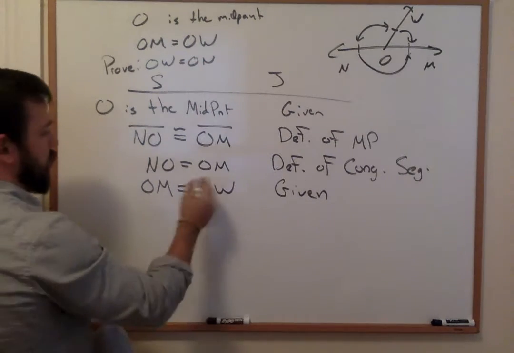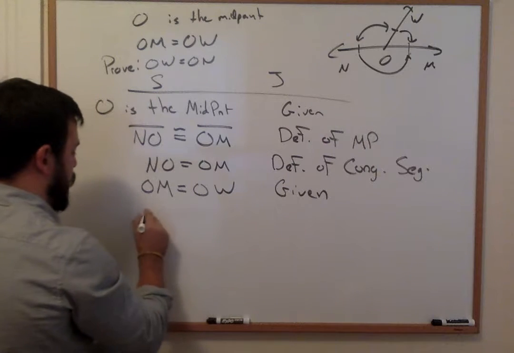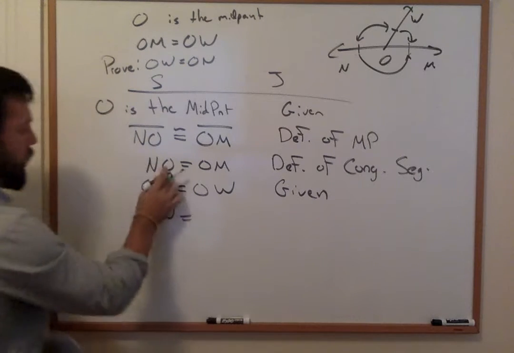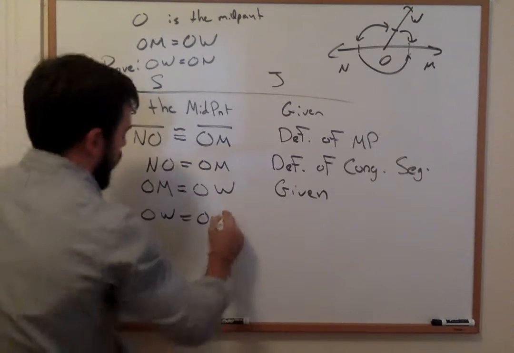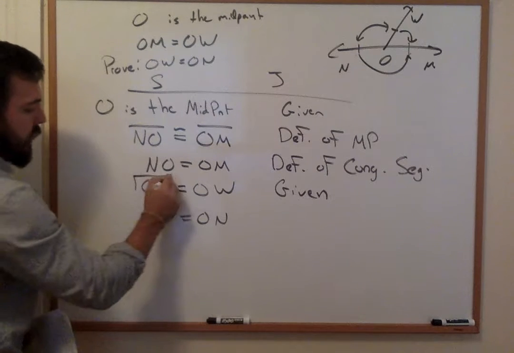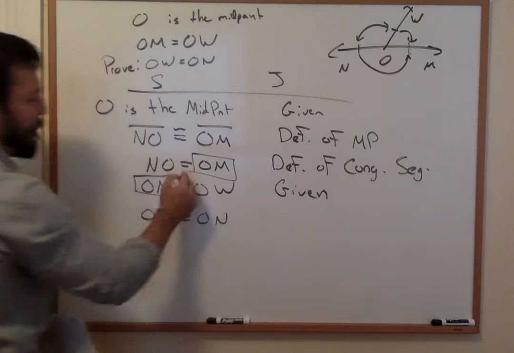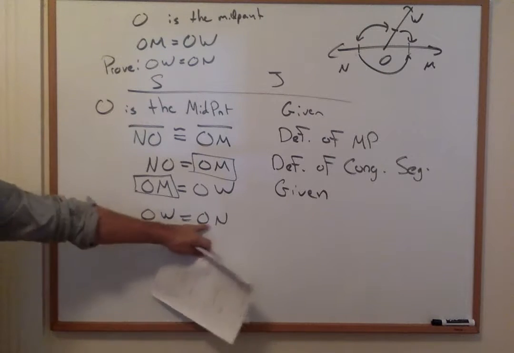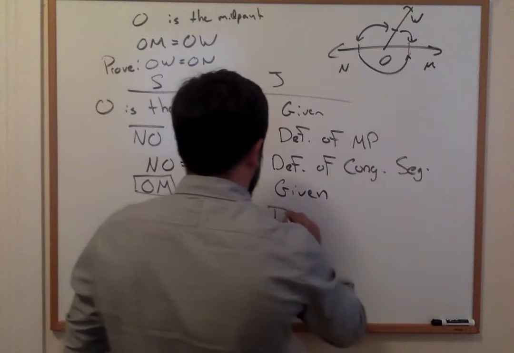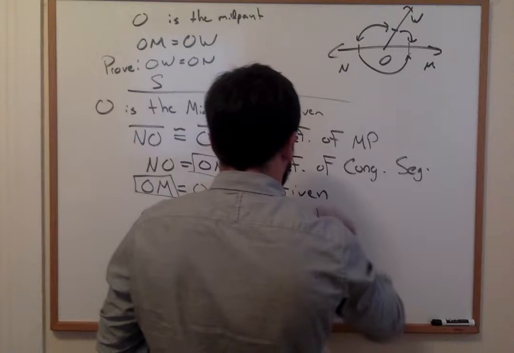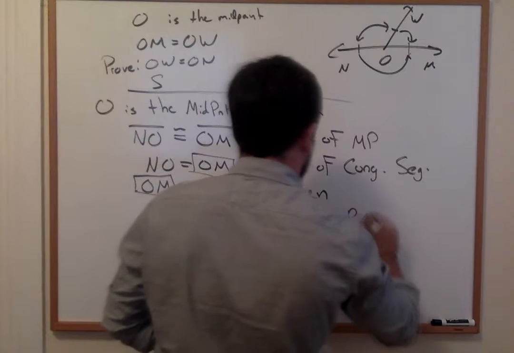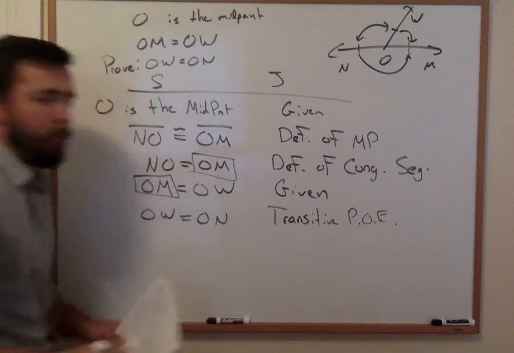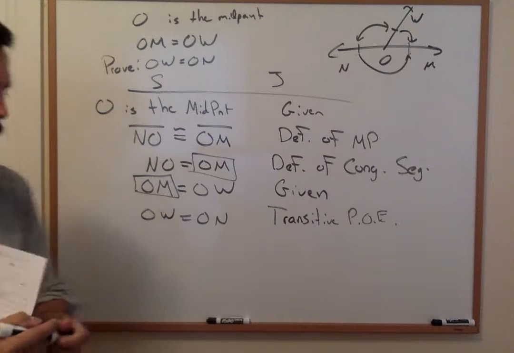So by the transitive property, OW will equal ON. Again, that's because they both equal the same thing. They both equal the same thing, therefore they are equal by the transitive property of equality.